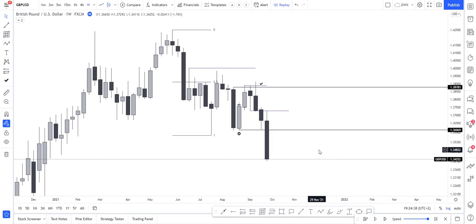For day traders, we want to know where is the weekly candle going? Because if we know where the weekly candle is going, we can know if we should prioritize longs or shorts. Ever since we swept this high, we knew that we should prioritize shorts. And you take short trades all the way until you've swept the liquidity below that low.